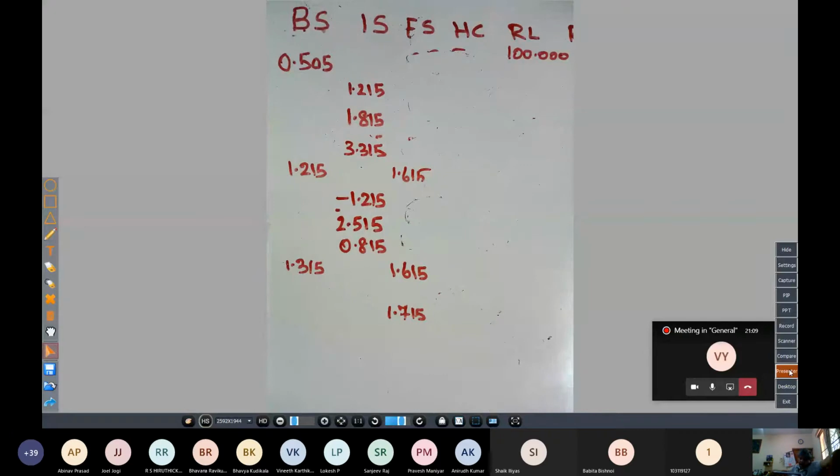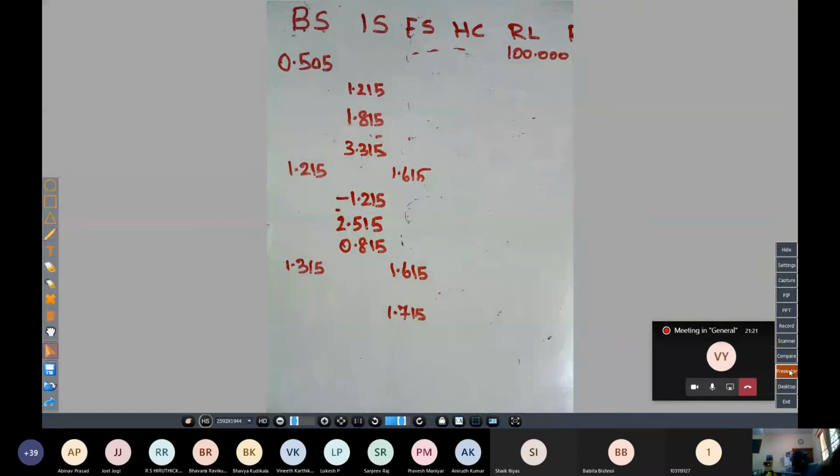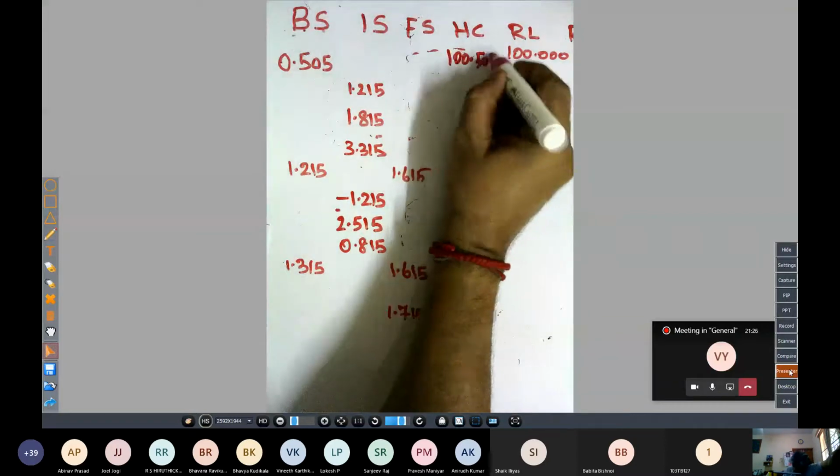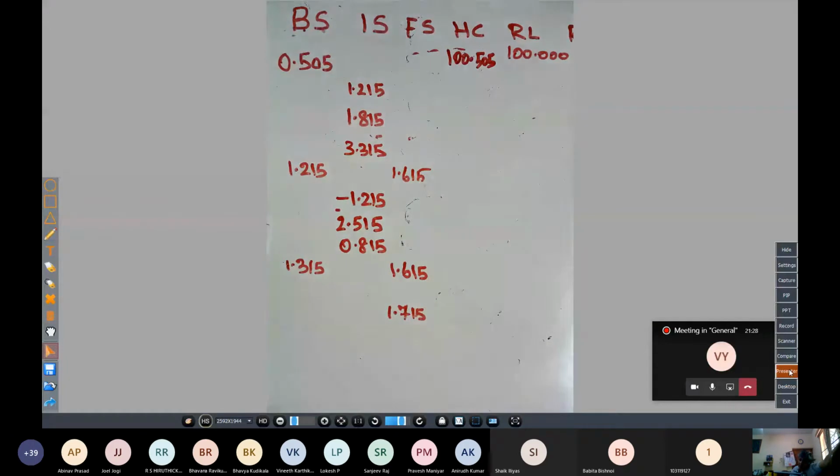Right. Now you tell me, what is the height of collimation, the first one? It is 100.505. You get it? Because height of collimation equals RL plus BS.